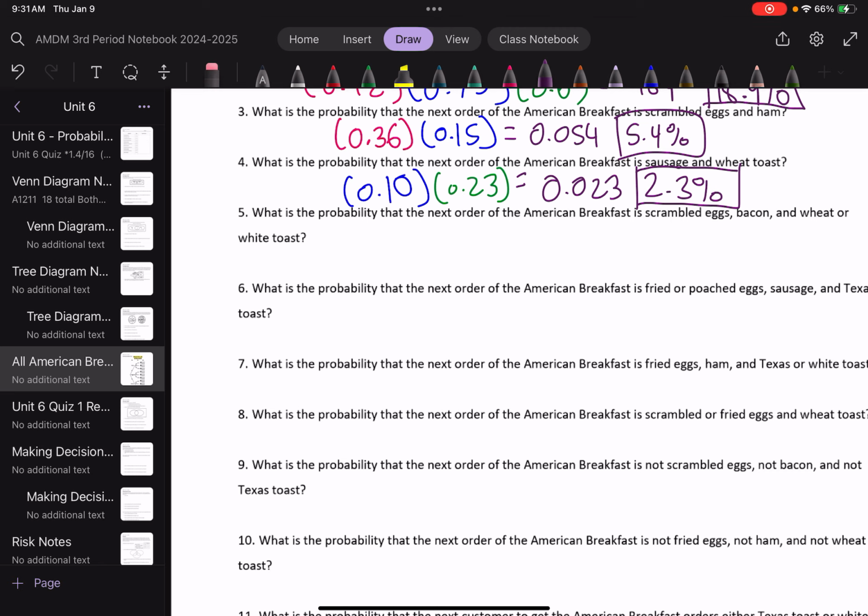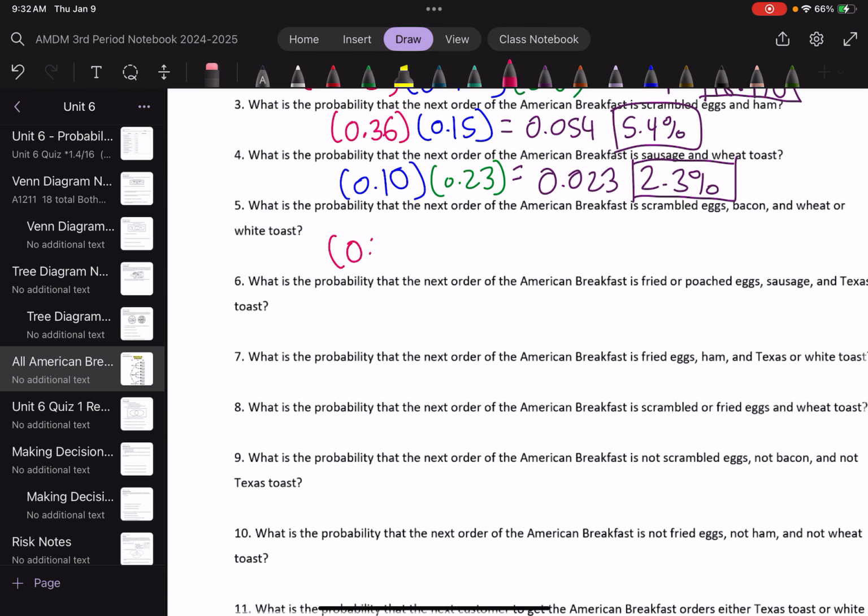It says, what is the probability that the next order of the American breakfast is scrambled eggs, bacon, and wheat or white toast? I need to add together my wheat and white toast options. Scrambled eggs have a 0.36 probability, or 36%. Bacon has a 75% chance of being chosen, or 0.75.